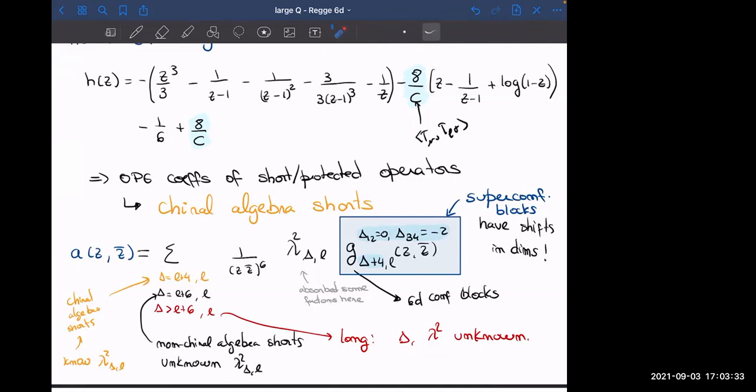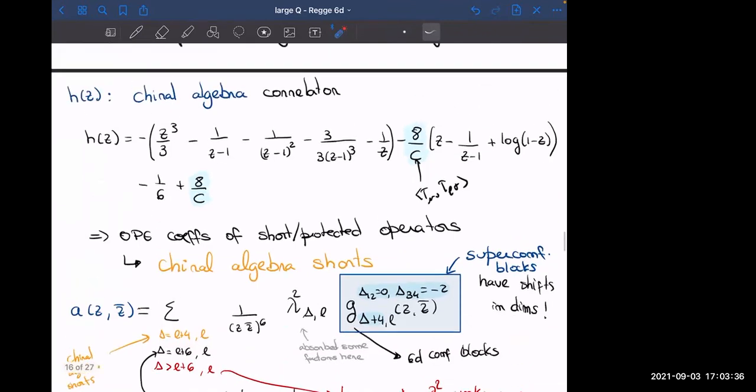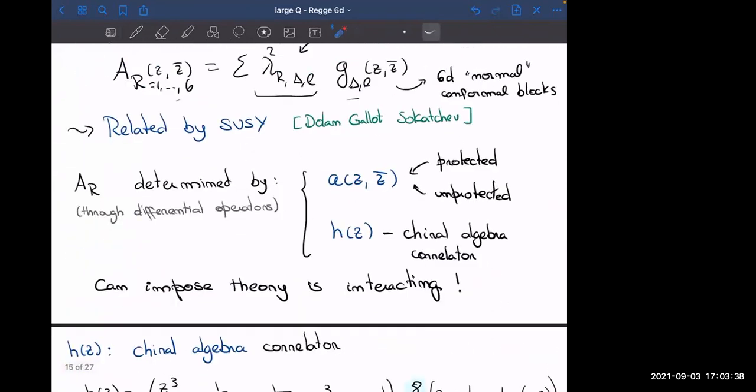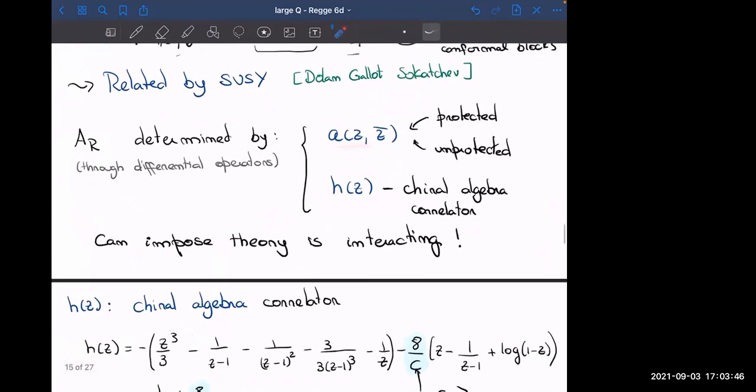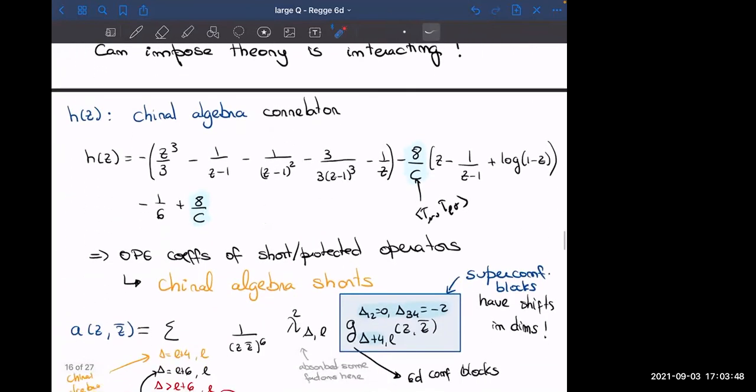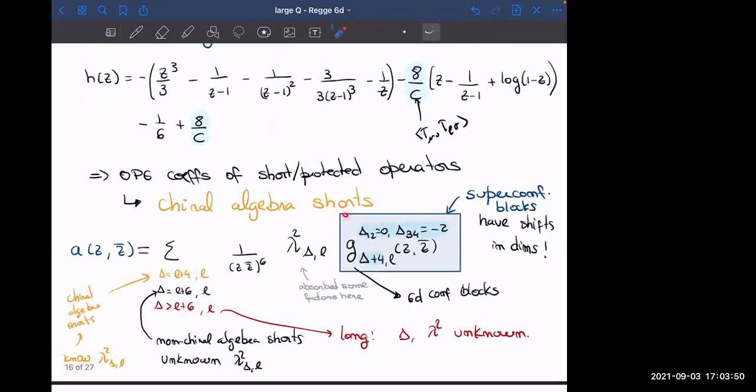And then you can work out from this decomposition of these 6 R symmetry channels through their relation to this A, and this relation is through differential operators, how this A looks like, and it turns out to admit a decomposition in something that I will be calling superblocks. But they are not particularly complicated. They're just normal 6-dimensional conformal blocks with some shifts here.